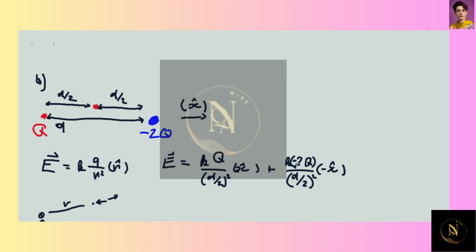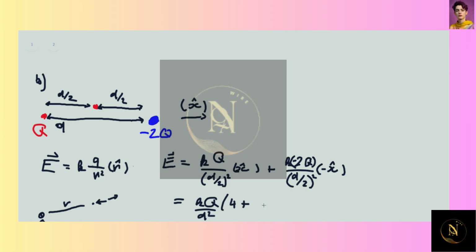So then these minuses cancel, and what you end up with is going to be k times q, which you can factorize. And then you're going to have 2, and you can actually factorize 1 over d squared as well. And then this is going to be 1 over a half squared, which is 2 squared, which is 4.